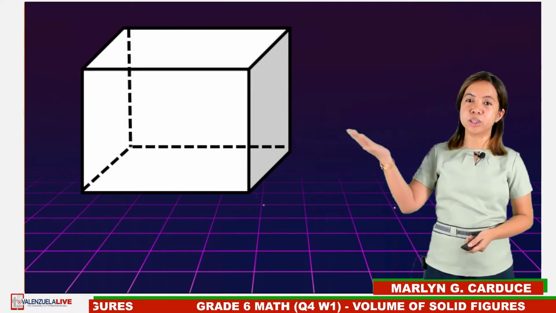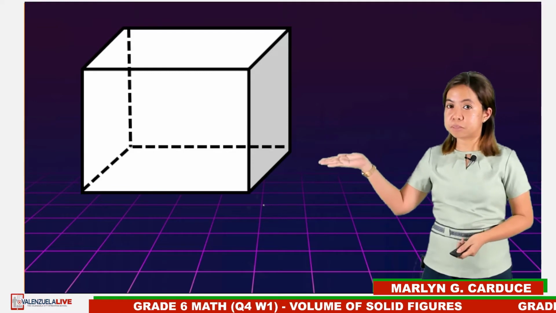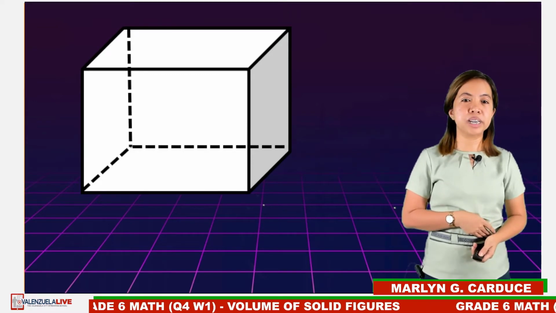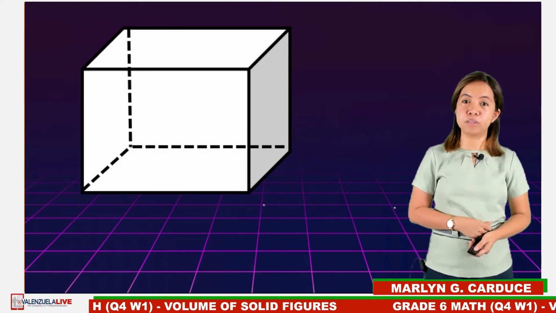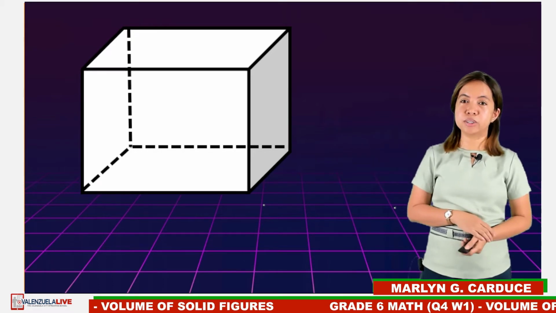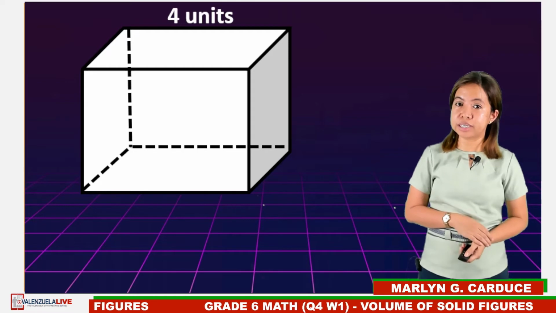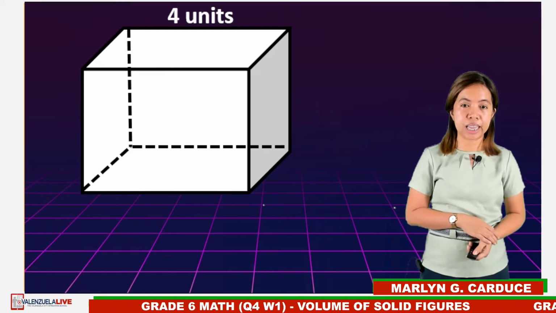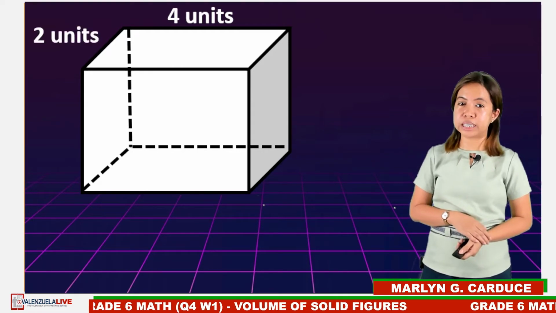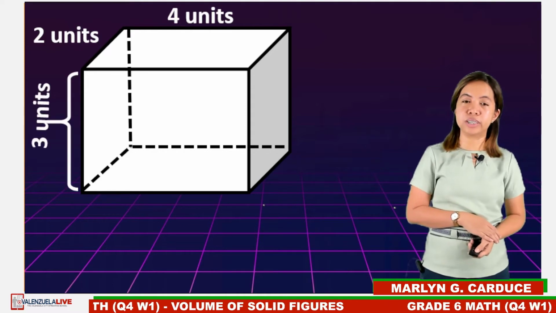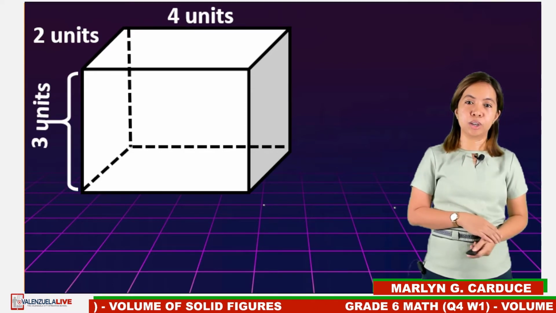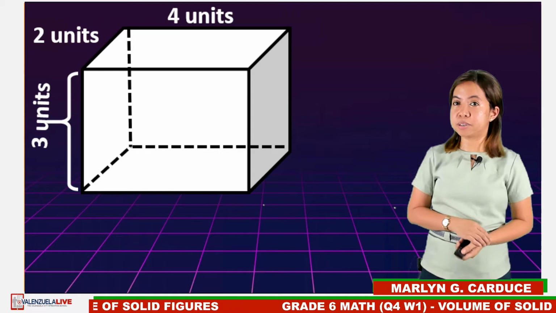Let's start with this prism. How are we going to calculate the volume of this prism? This prism has a length of 4 centimeters or 4 units, a width of 2 units, and a height of 3 units. So what is the volume of this prism?